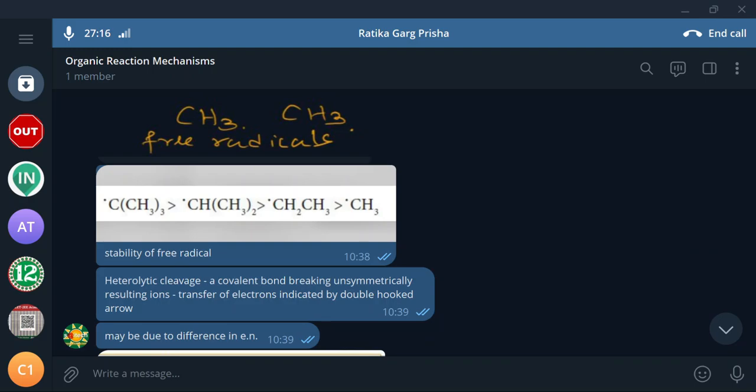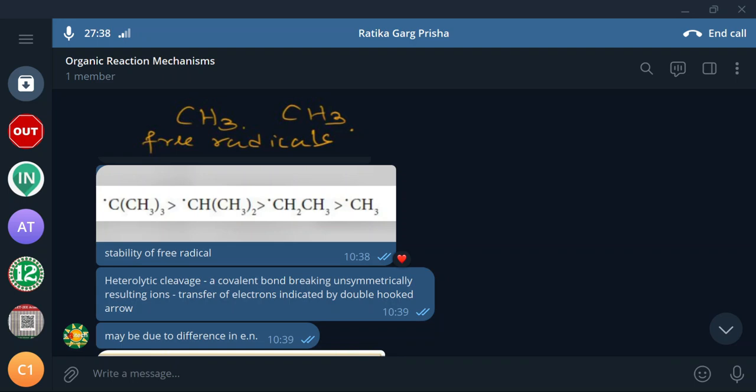So are you able to understand these different structures of radicals here? For example, methyl means you have got methane. What is the formula of methane? CH4. So when the C and H bond is cleaved homolytically, it results in H dot and CH3 dot. So this CH3 dot represents methyl radical.